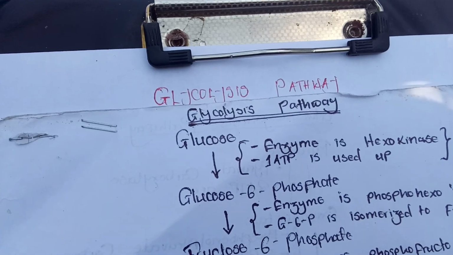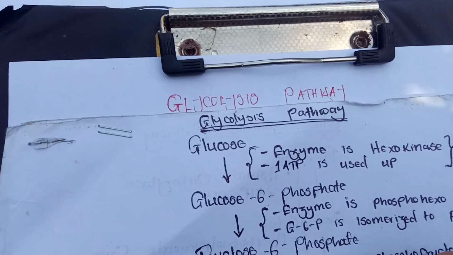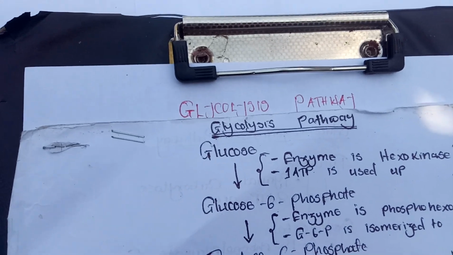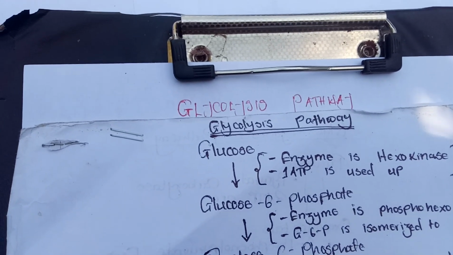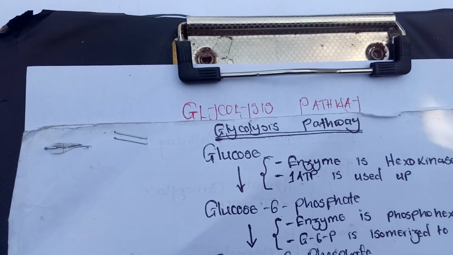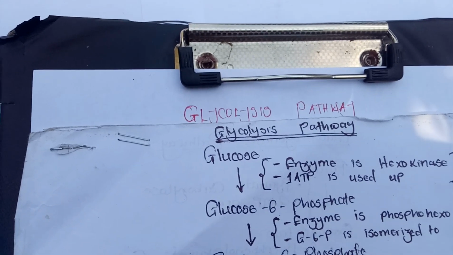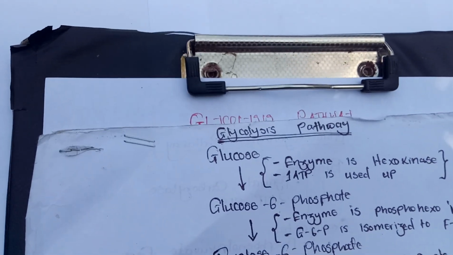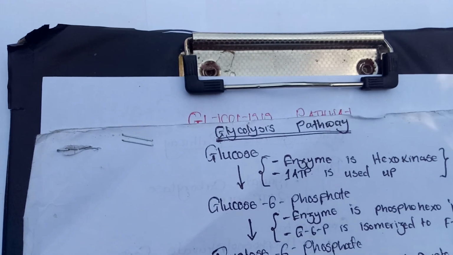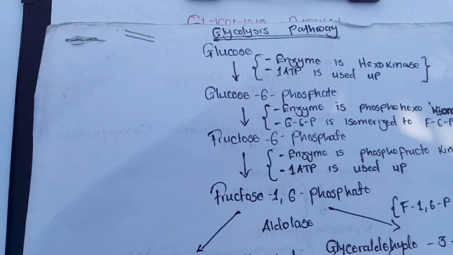In the investment phase, from the word itself, investment, it's like you invest into something in order to yield more. So in the glycolysis pathway, we are investing 2 energy molecules, which is 2 ATP. So we use up 2 ATP in order to produce 4 ATPs and 2 NADH. Okay, I hope that makes sense.